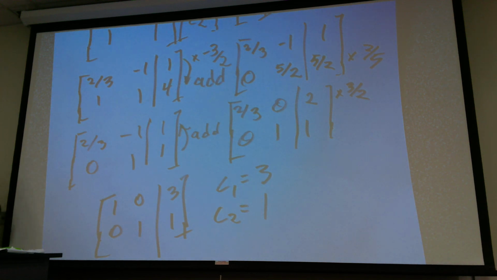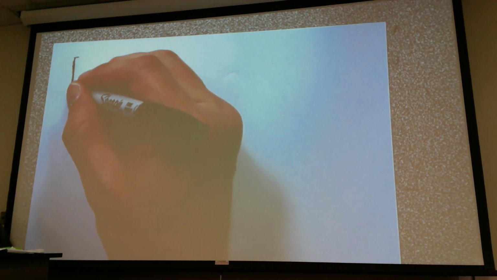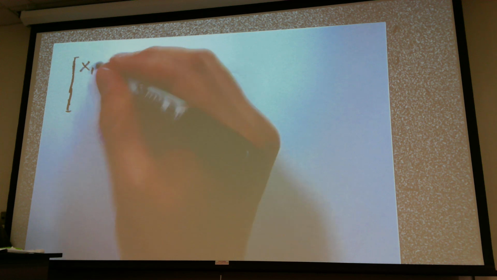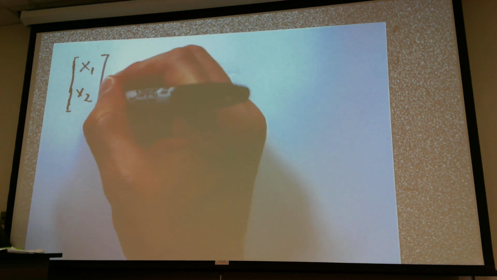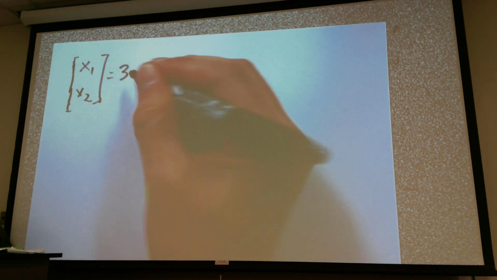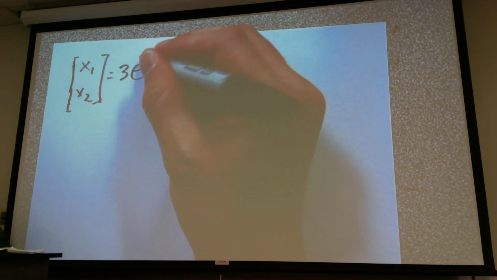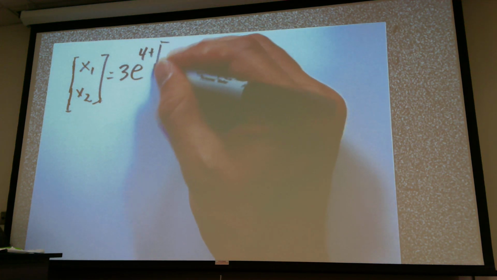So let's have a look at our answer. x1, x2 is going to equal 3 times e to the 4t, now multiplied by, what was my vector? 2/3, 1.